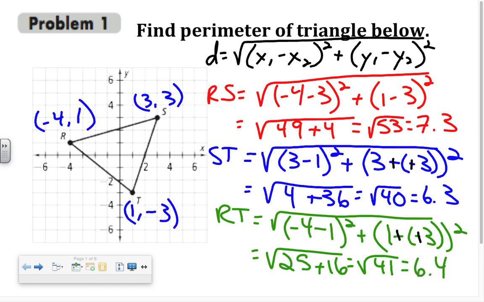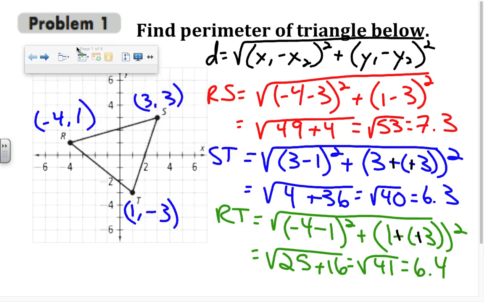Oh my goodness, that's a lot of work, but don't forget why we're doing it. We were asked for the perimeter of the triangle. That means we add these 3 lengths together.